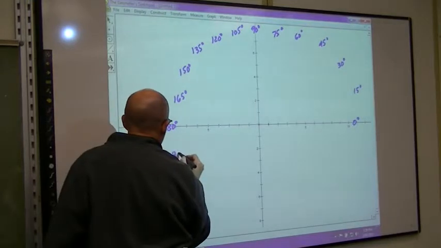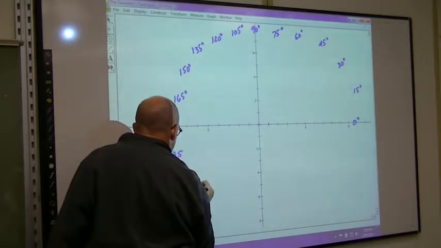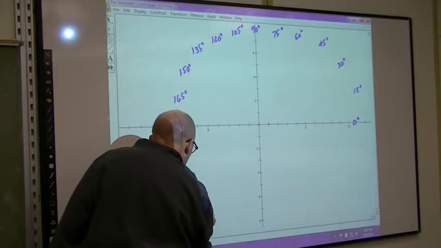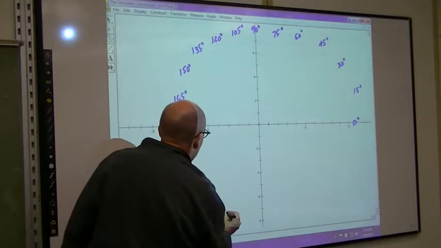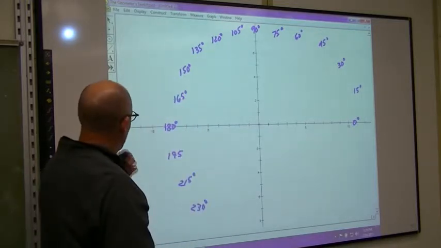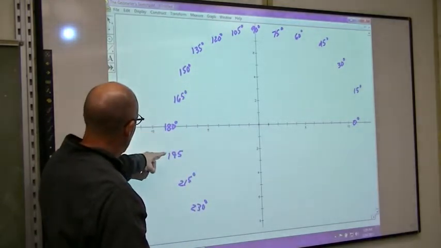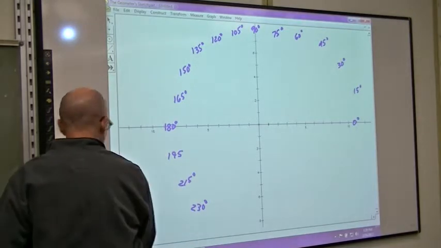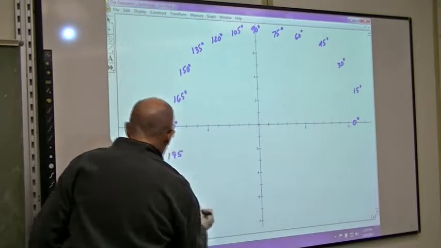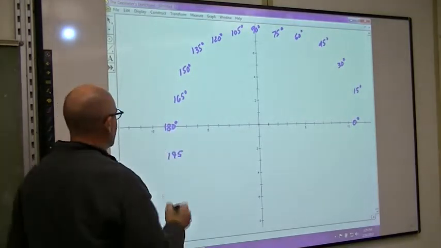We're at 195. Something has gone awry. 180, 195. Oops. Cut, take two. This will be take three.